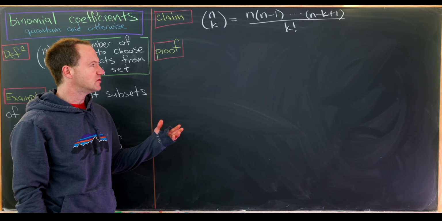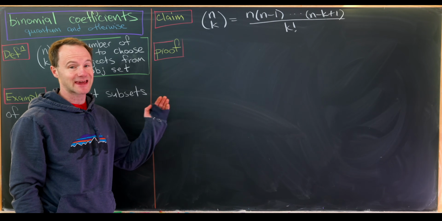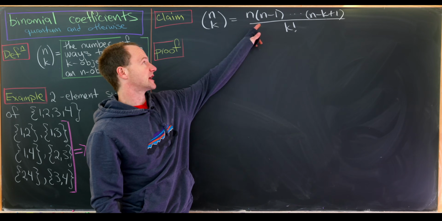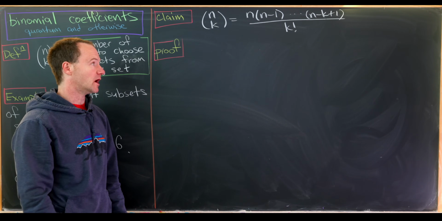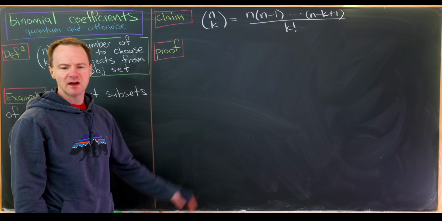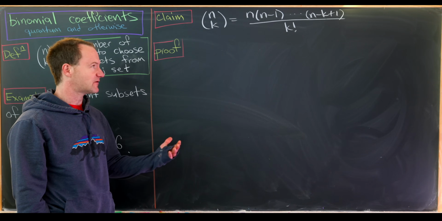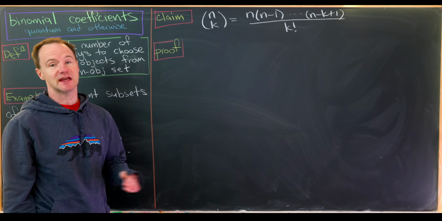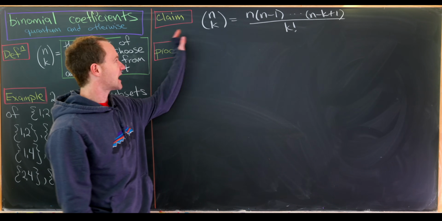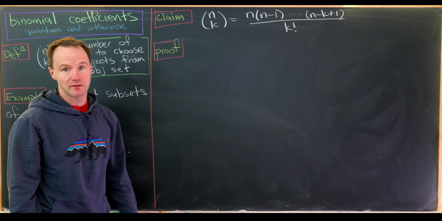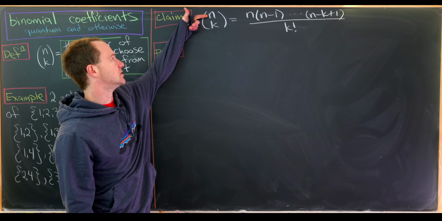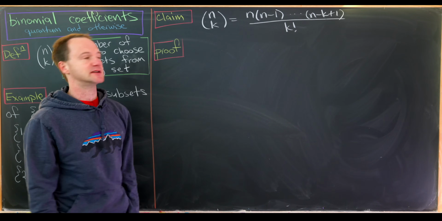Let's notice that that numerator is a product of k objects starting at n and then descending by 1 at each step. There's a more closed form of this that you might recognize, n factorial over k factorial times n minus k factorial, but I like this format better because it generalizes to non-natural numbers up here very easily.